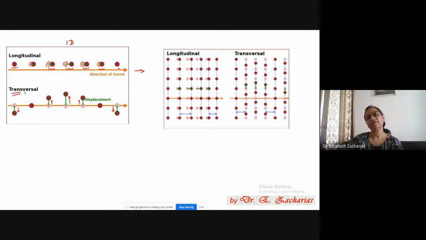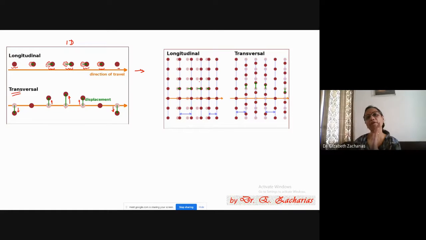Okay, and here I've shown you a two-dimensional representation of this orchestra. You can see here that the shaded dots are all the equilibrium positions, and you can see the motion. Can you see that there is some kind of a pattern in the motion of each of these lattice points from their equilibrium position?